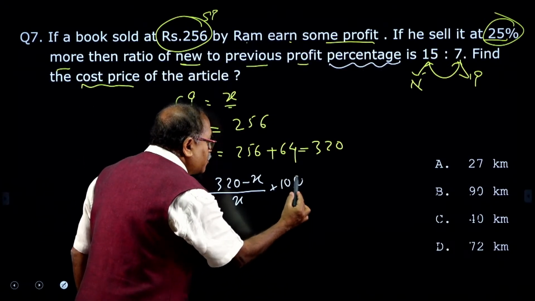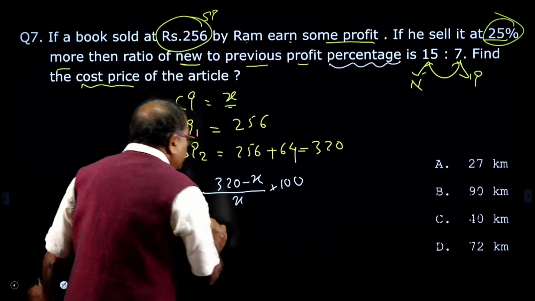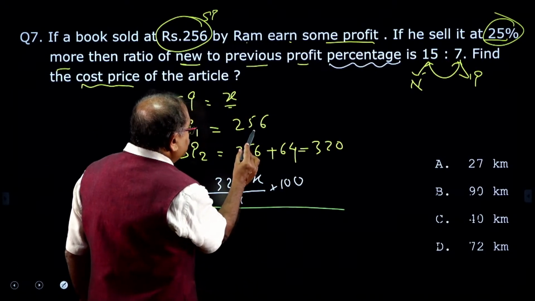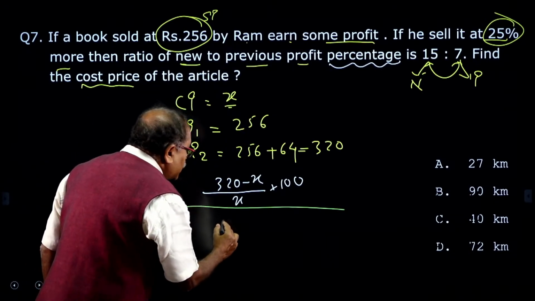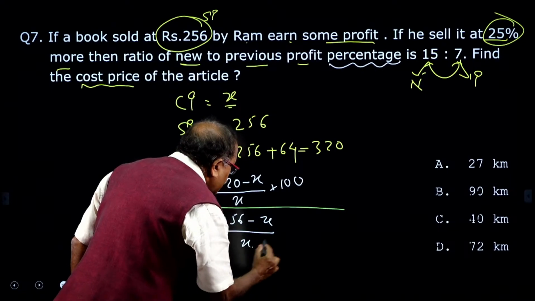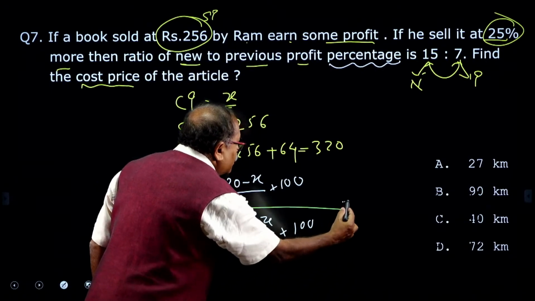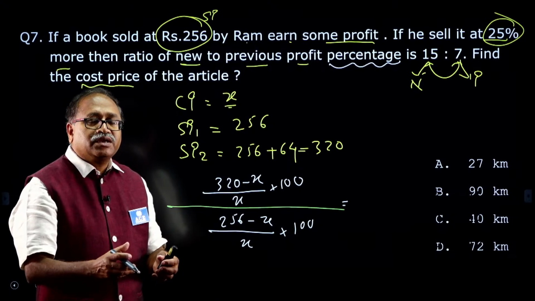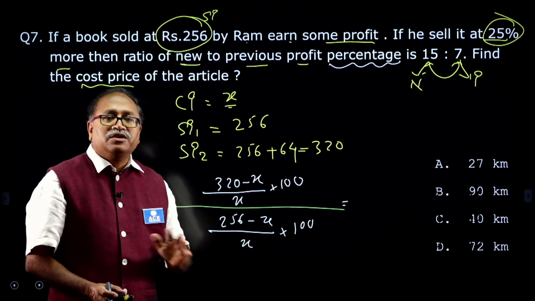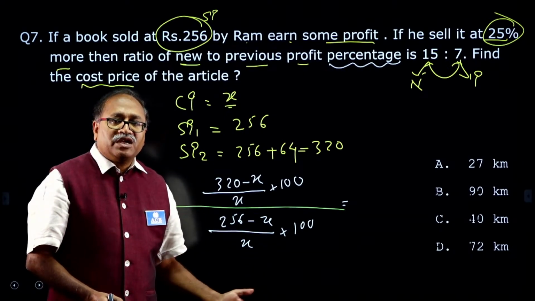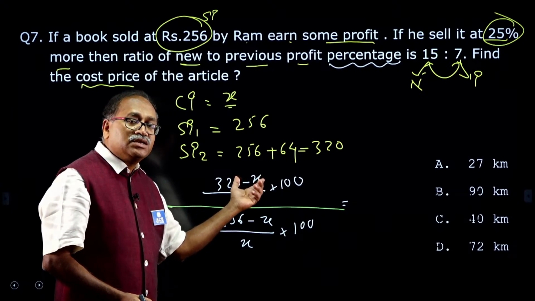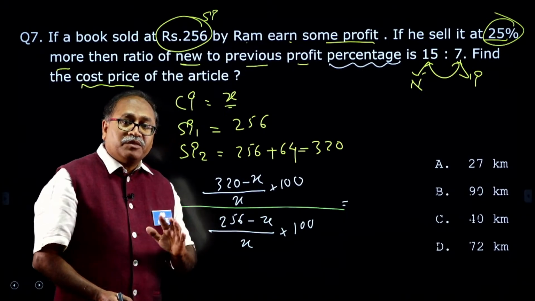That is how you are getting the profit percentage. And how about the second one? In the second one, this is what the selling price is, that is 256 minus X by X and into 100. I am writing all this just to make you understand the format, or else you already know that in the numerator 100, denominator 100 will get cancelled, by X will get cancelled. What actually will decide, that is 320 minus X by 256 minus X.